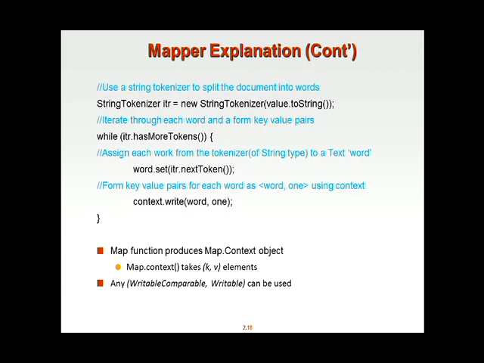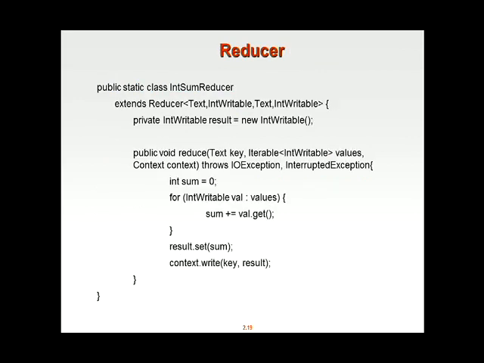Next, let's look at the reducer. Again, the raw code here is not very easy to understand because you still meet a lot of unfamiliar classes, such as the reducer class, but you can guess this is a reducer class. With knowledge of the mapper class, now you can guess the four data types.